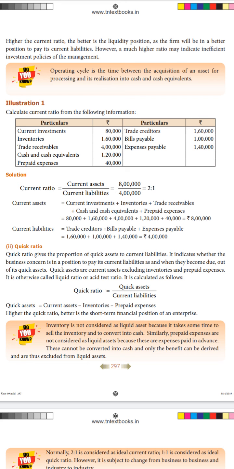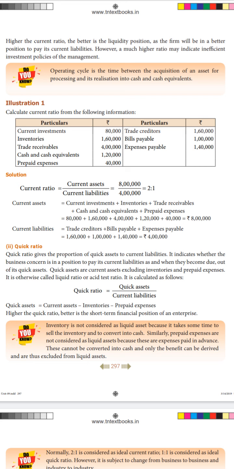So quick ratio is equal to quick assets divided by current liabilities. And quick assets, as we all know, is equal to current assets minus inventories minus prepaid expenses.